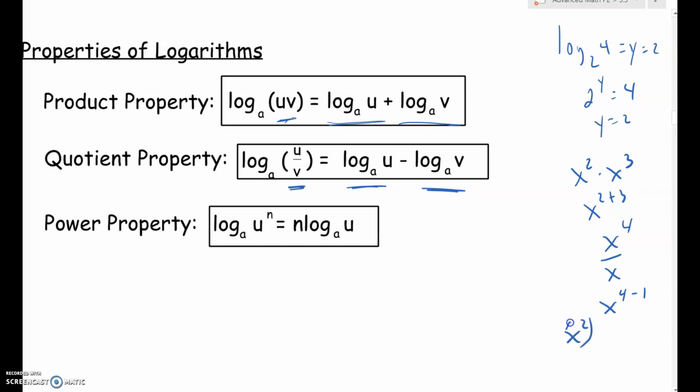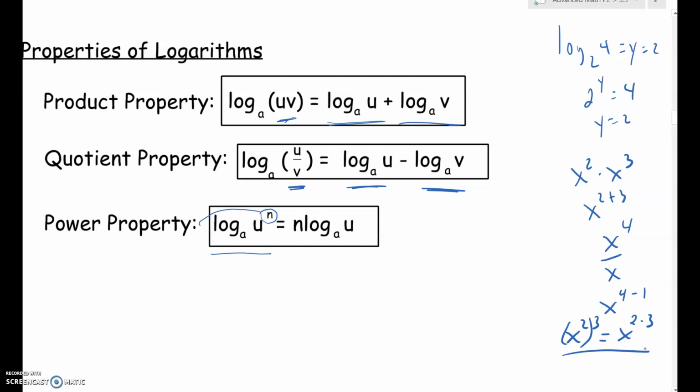So in other words, 2 to the third. Well, we multiply. That would be 2 times 3. Okay, and so here, when you have a logarithm with a power, that power is going to move out in front so that it's multiplied times that logarithm. So that's how we get that, to remember that.